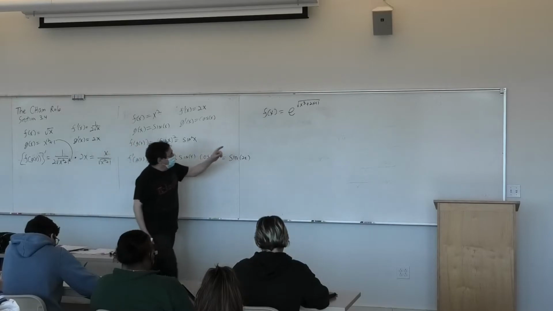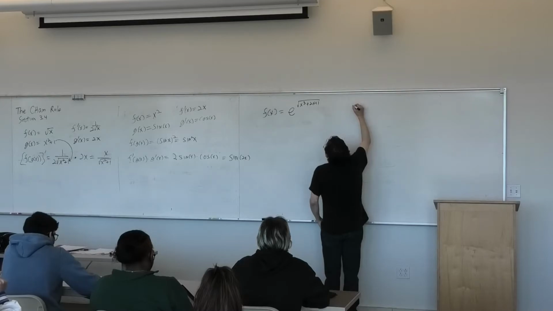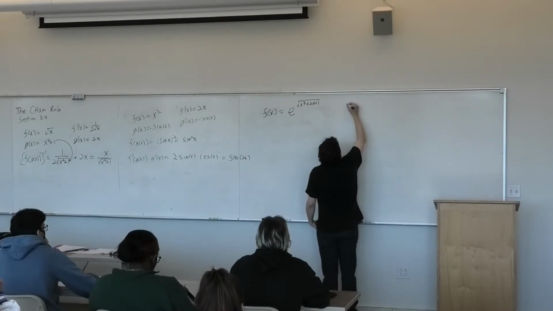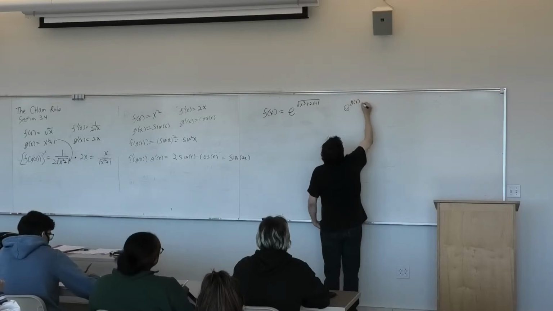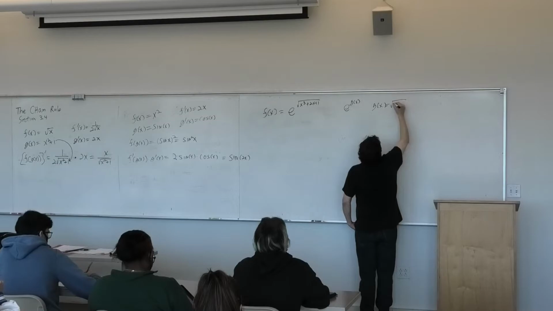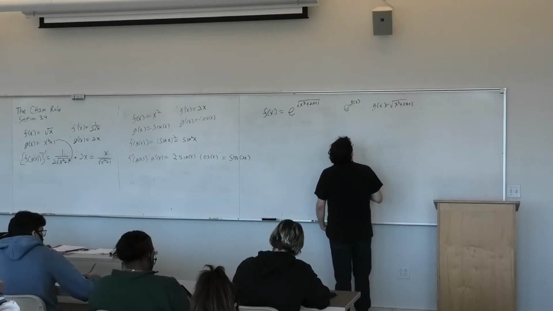Now, the long way is to say, well, we've got e to g of x, where g of x is square root of x cubed plus 2x plus 1.